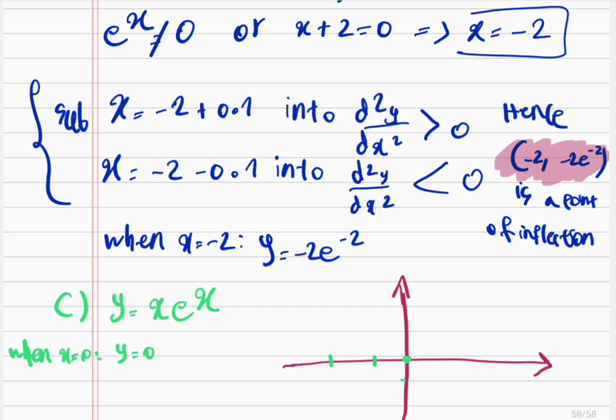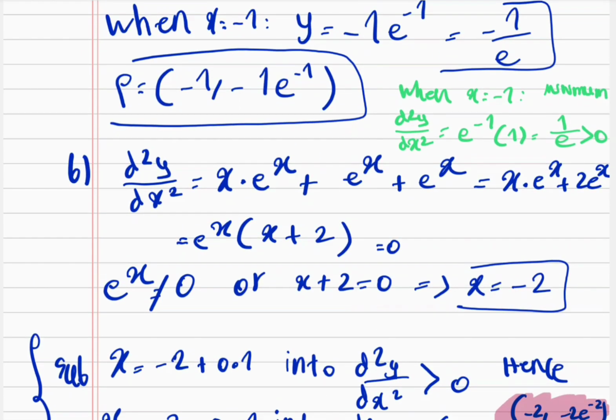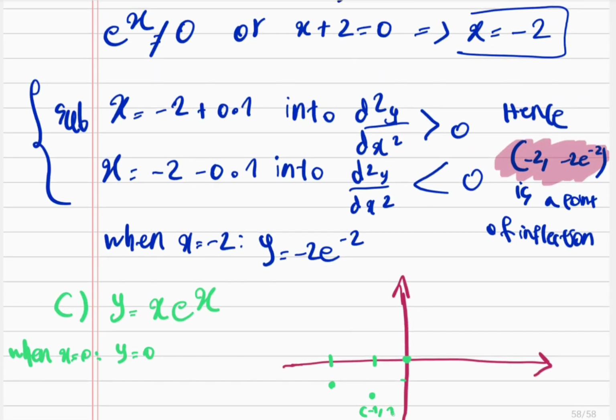So let's go like this, and then the point of inflection is slightly higher. So that's what we have so far. We have found 3 points. This is the stationary point. We can even write the coordinates if it might be helpful. So -1, then -1 e to the -1.